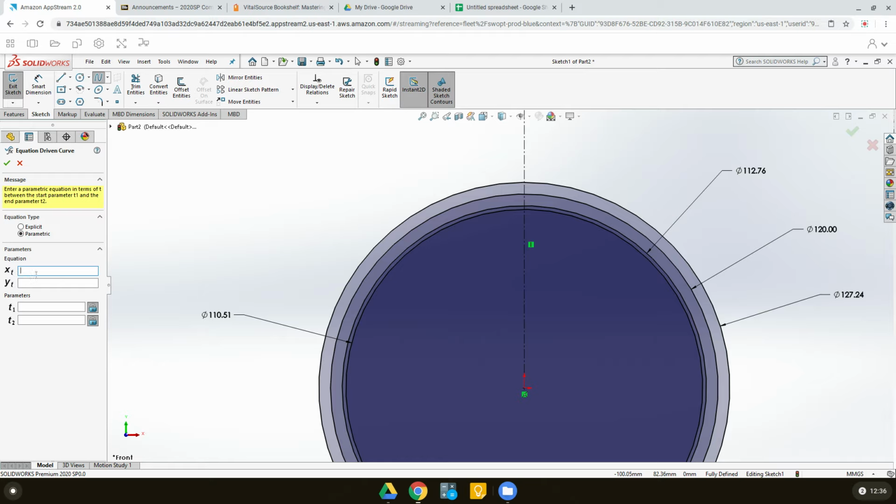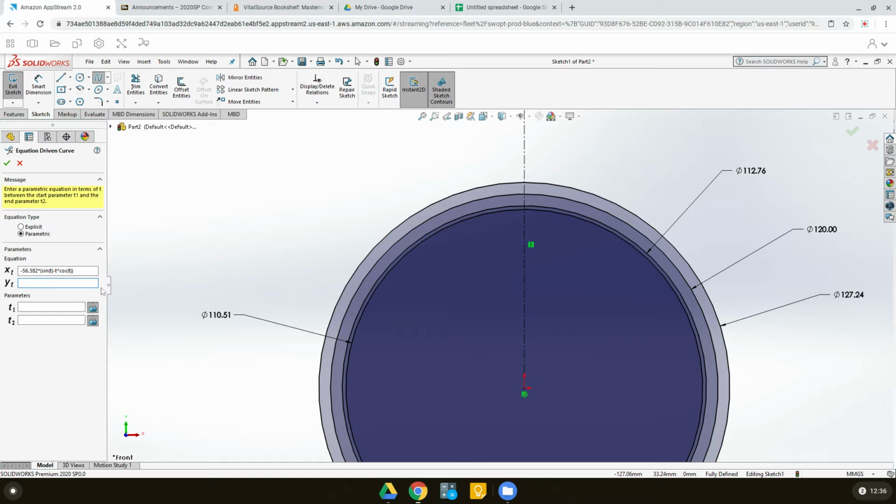So minus rb, which is minus 56.382 times parenthesis sine, t in parenthesis, minus t times cosine t.